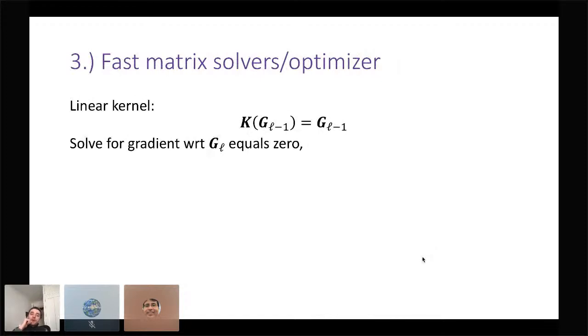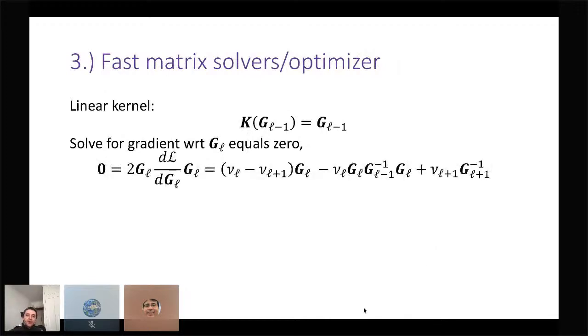Now what I'm going to do is solve for where the gradient of that objective is 0. I'm going to do some pre-multiplication here to make the exact form slightly simpler. And so it turns out that if I want to set the gradient with respect to this particular gram matrix to 0, then this is the expression I have.